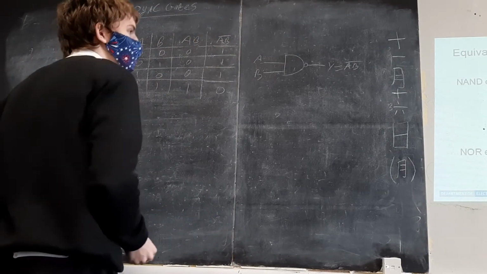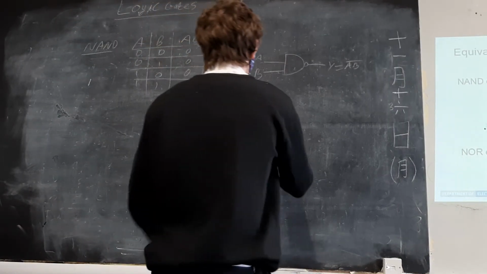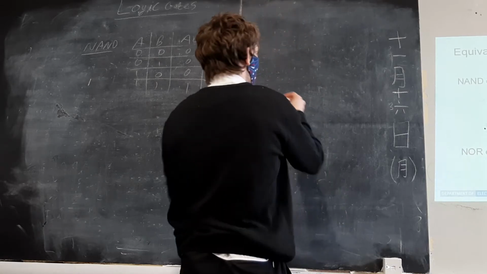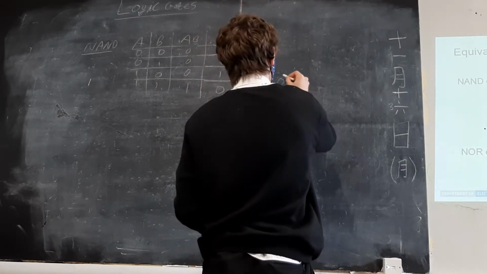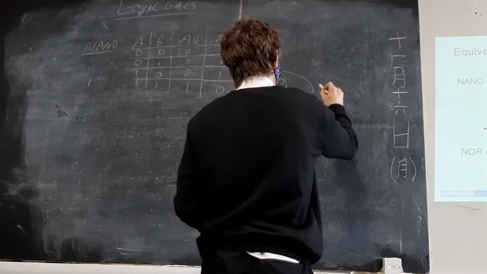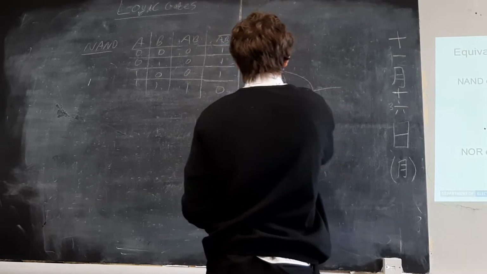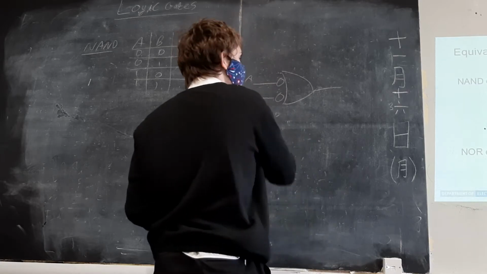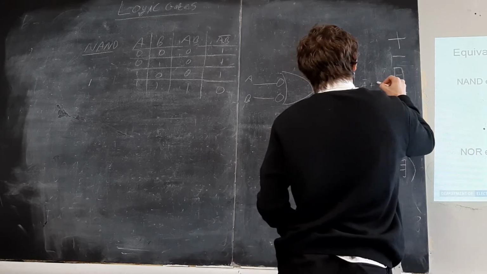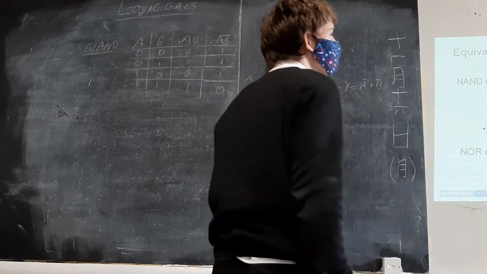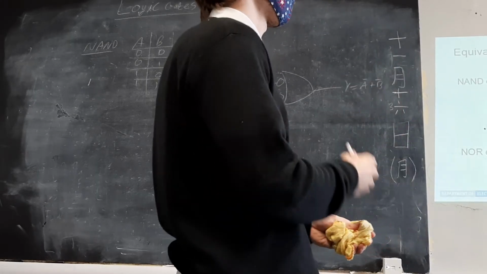So an equivalent to a NAND can be made by this. Two-thirds of this slide is just the previous one, with more stuff. This is what it can also be equal to. So NAND is negative OR, not NOR, negative OR.